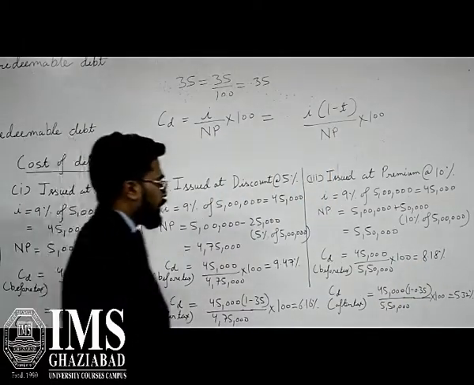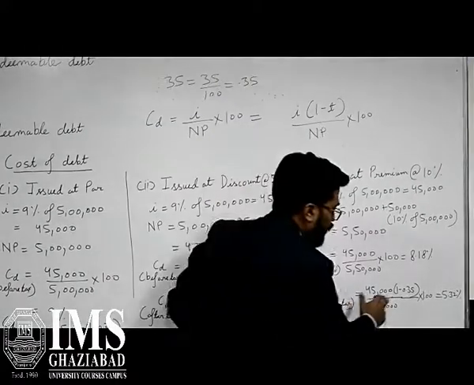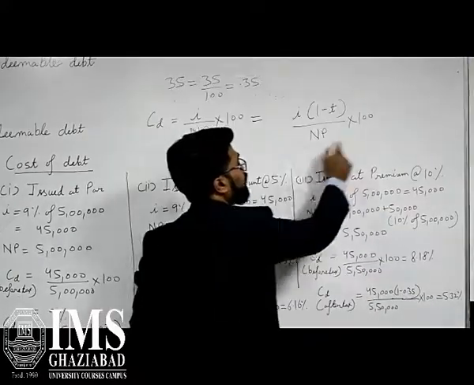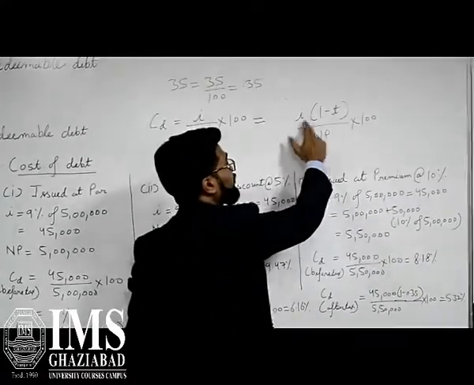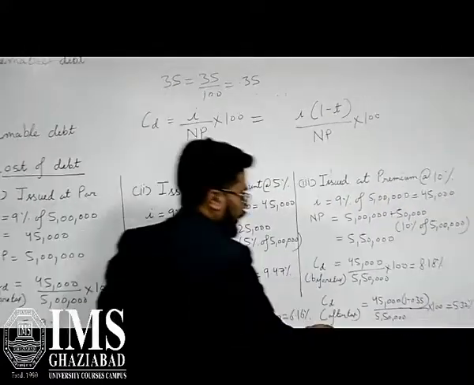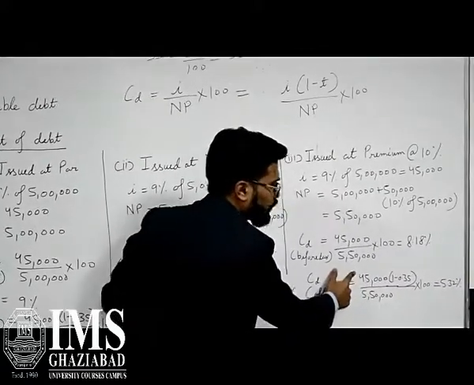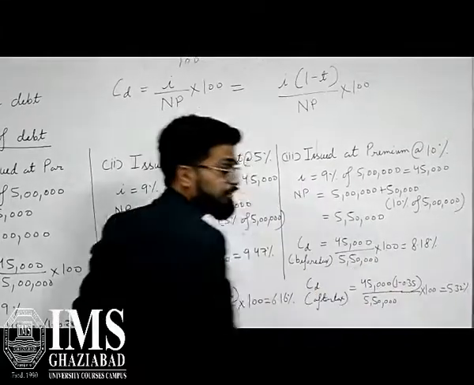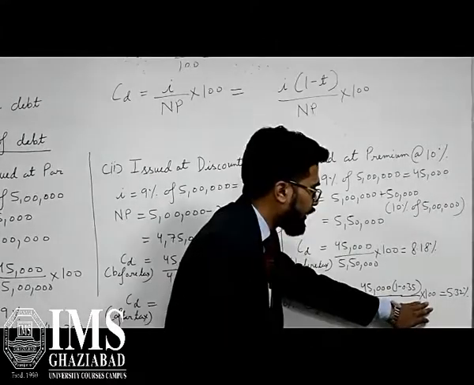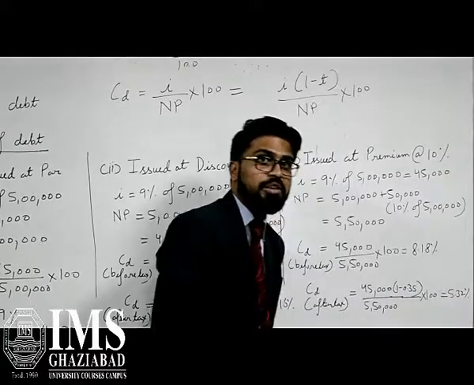So here the cost of debt before tax is 8.18%. If we are calculating cost of debt after tax, we use the formula interest multiplied by 1 minus T, divided by NP into 100. So the cost of debt after tax is 45,000 multiplied by 1 minus 0.35, divided by 5 lakh 50,000 into 100, which is 5.32%.